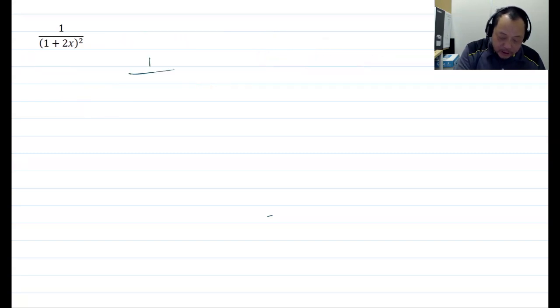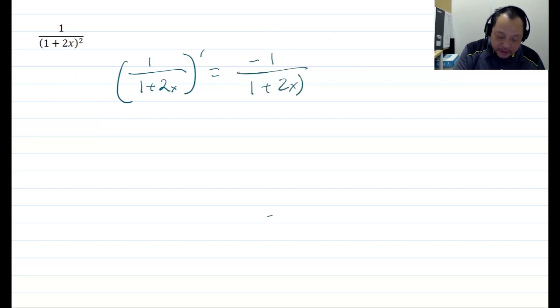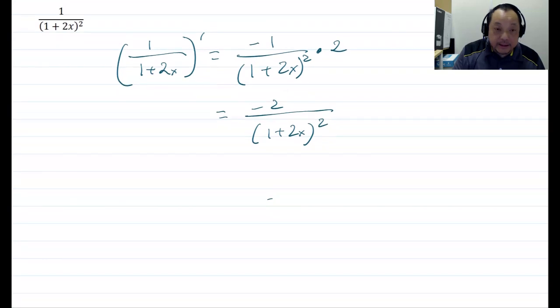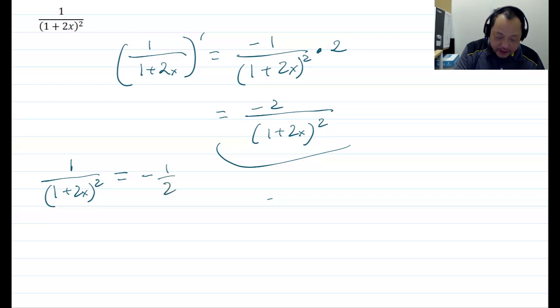If I start with 1 over 1 plus 2x, and I take the derivative of it, then I have -1 over (1 plus 2x) squared times, by chain rule, the derivative of the inside, so times 2. Great. Then if I divide both sides by -2, I'm actually going to write this side first. And then dividing by -2, I have -1/2 of this derivative.